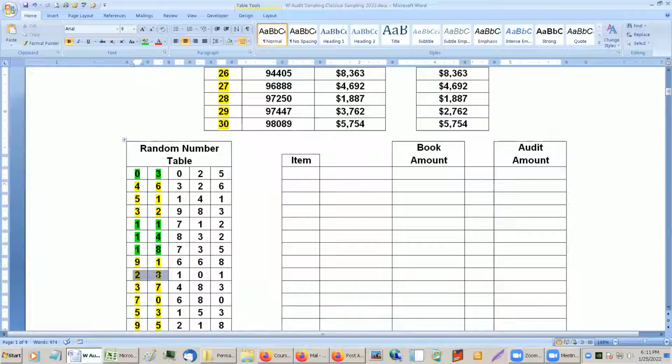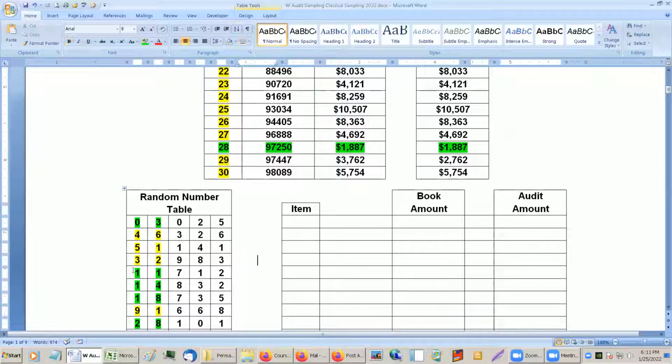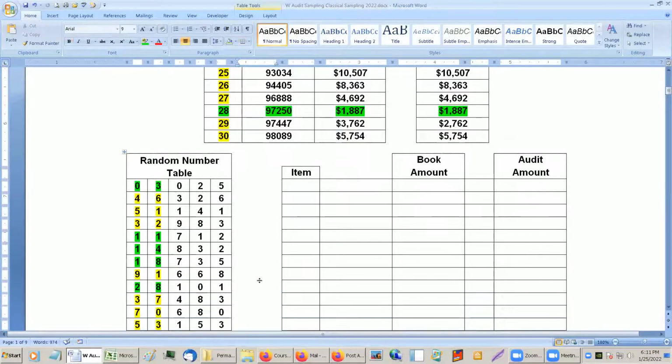There is a 28. And we got 5, right? 1, 2, 3, 4, 5.